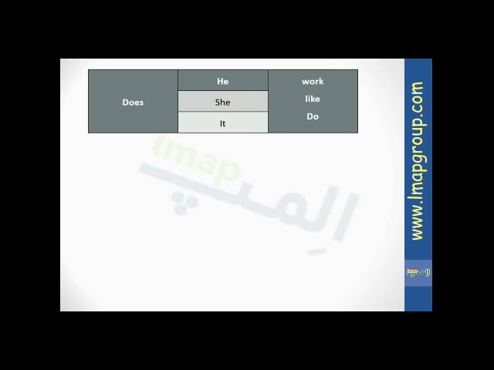Now, interrogatives. How to make questions. For example, does he work? Does she like? Does it do?